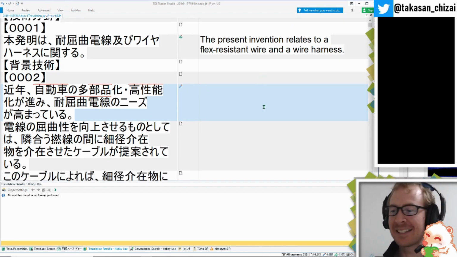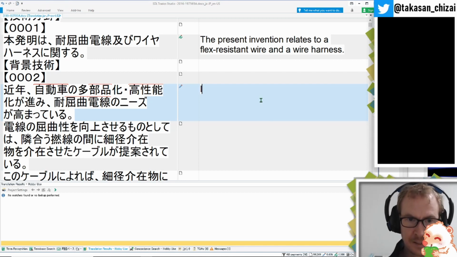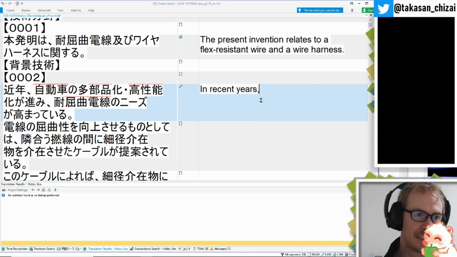Alright, so as I said, translating the background helps us learn about the invention in that technological field. So I like to do this, especially for translating the claims. So, in recent years, we've got kinnen.